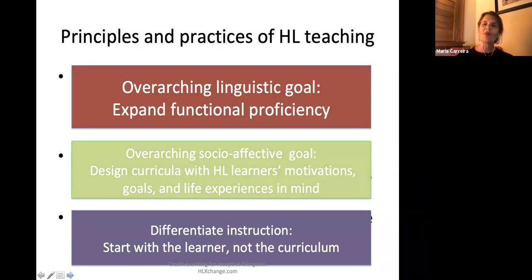And we see how this is also a very good example of how you can design activities with HL learners' motivations, goals, and life experiences in mind.